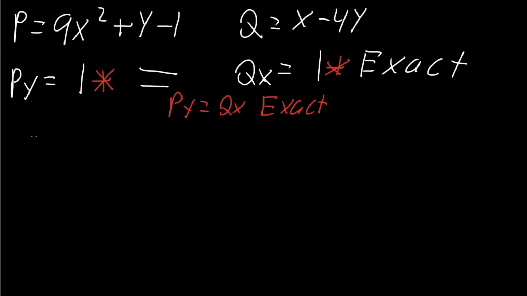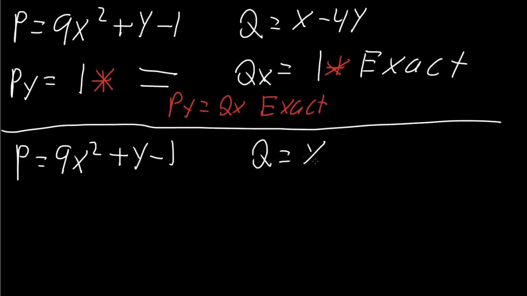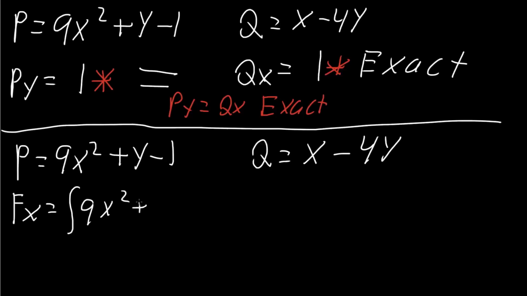And now we say that p, just to recap, p is equal to 9x squared plus y minus 1, and q was x minus 4y. The next step is we take the integral of p in terms of x. And so we will get 9x squared plus y minus 1 dx.